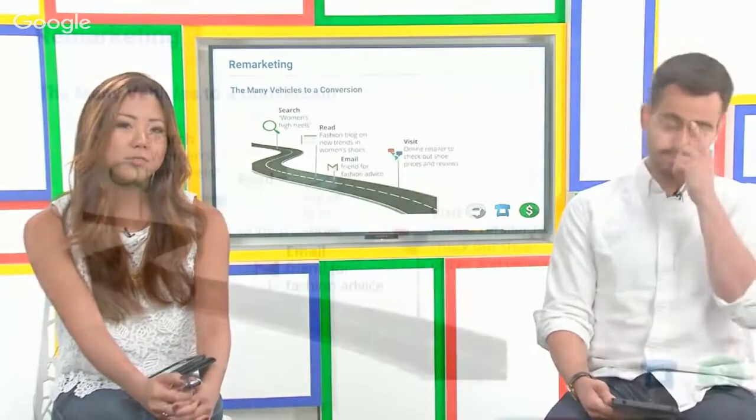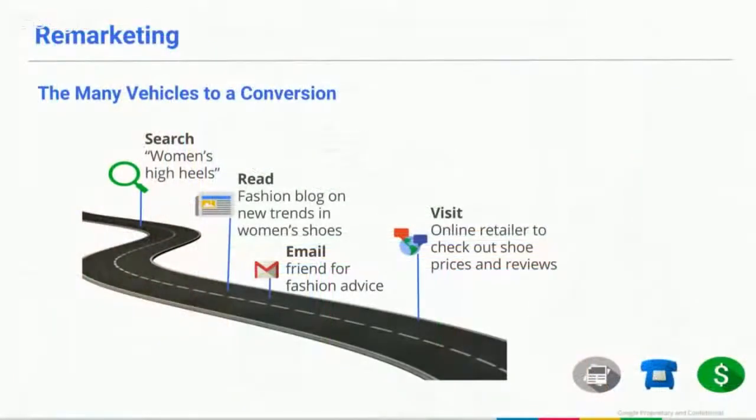Yeah, really interesting. All right, so to fully understand the potential and power of remarketing, it's really important to understand that there are many vehicles to a conversion. What that means is that there are many points along the stage that a consumer can hear about your product or research your product until they come to the very final stage of actually purchasing. For example, let's take someone buying women's shoes.